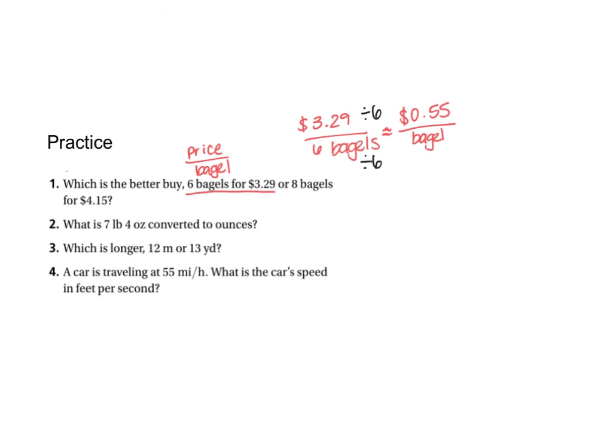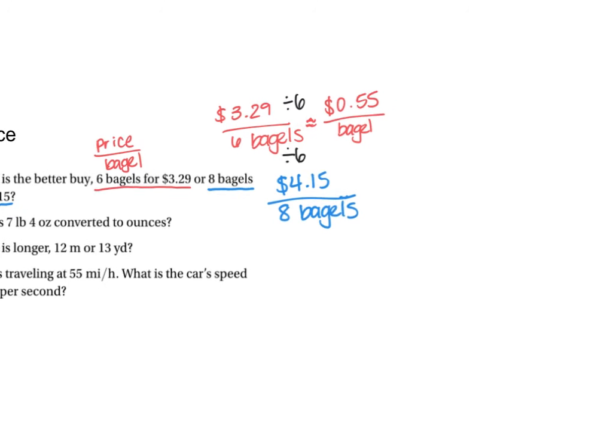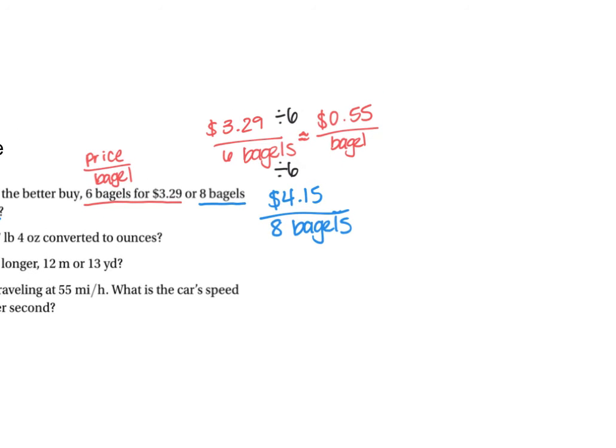Okay, and then the second one, we've got $4.15 for 8 bagels. Let's figure out what's the cost per bagel. So let's take the price per bagel. We've got to divide both the numerator and the denominator by 8 so that we can get our unit rate.